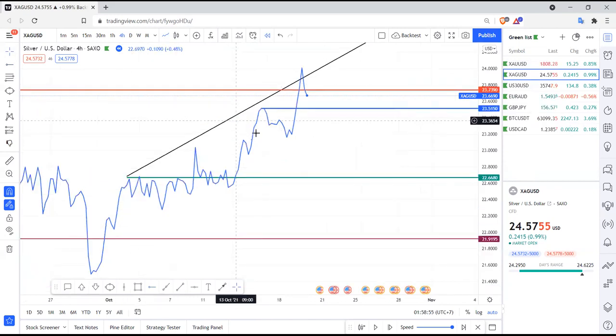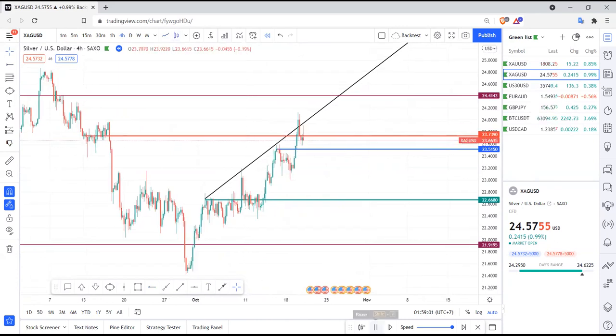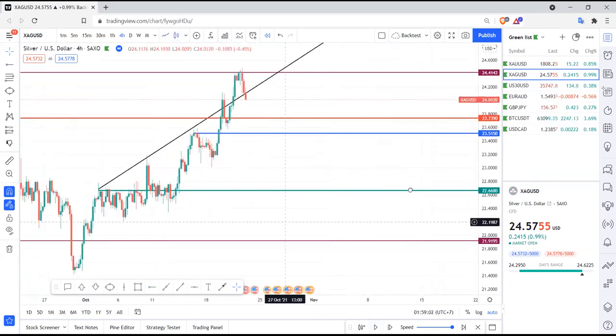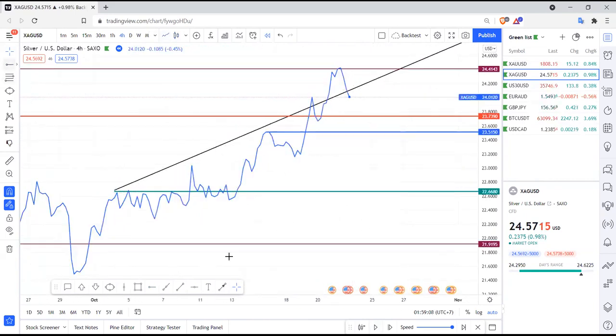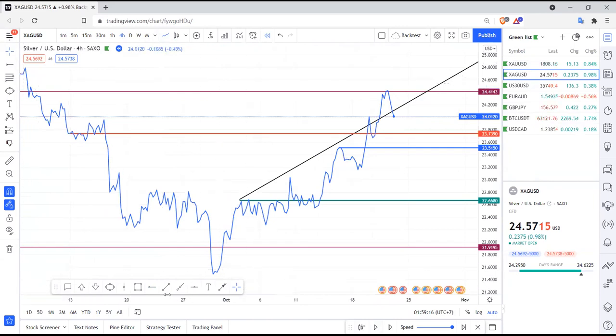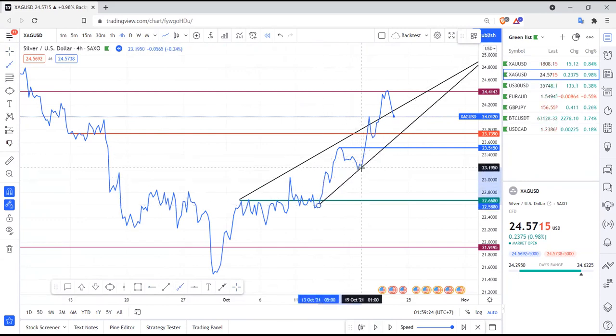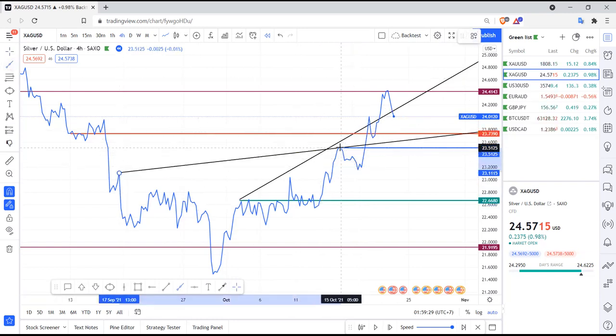And then in H4, price missed the pullback. So many limits, right?